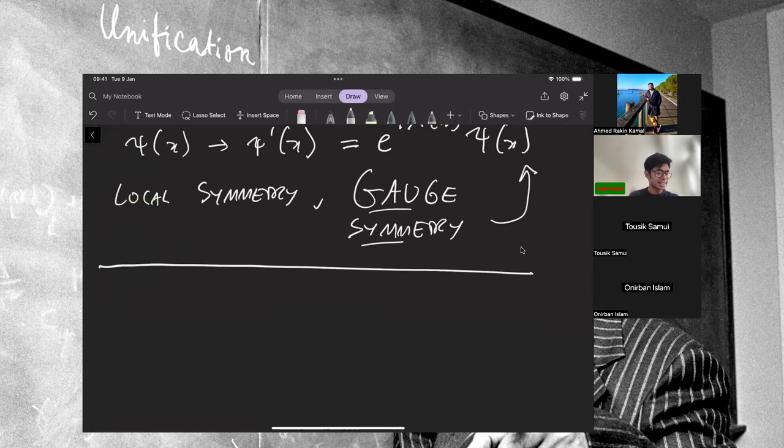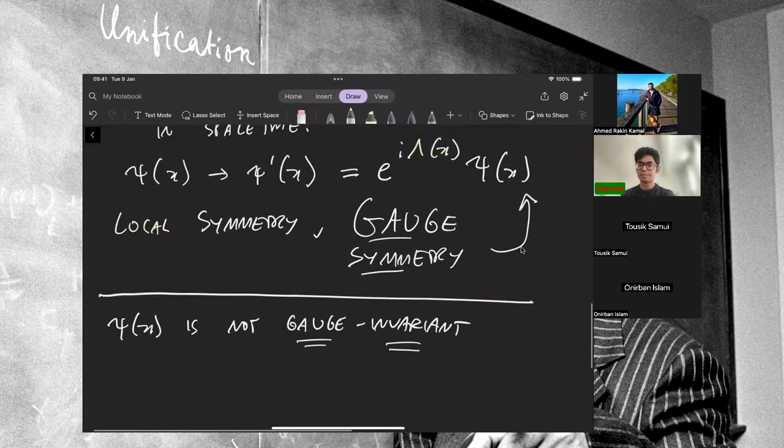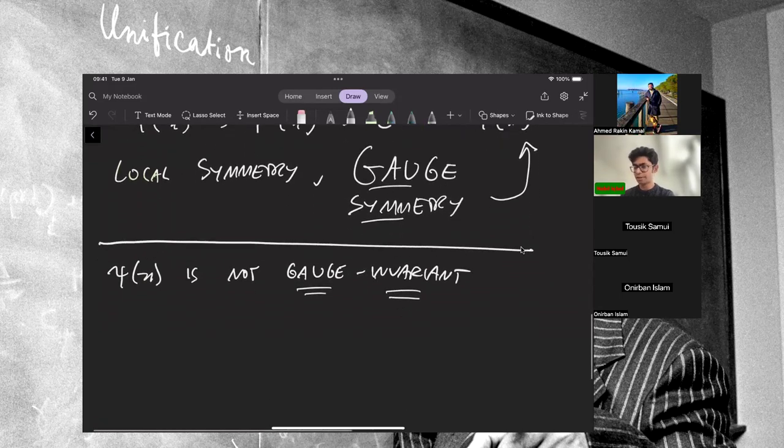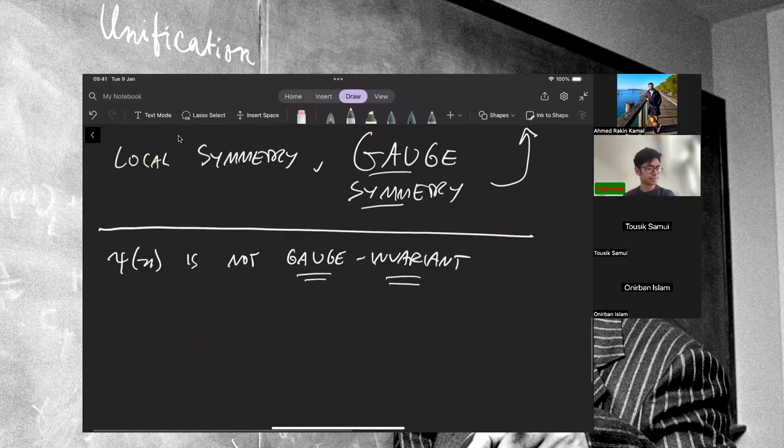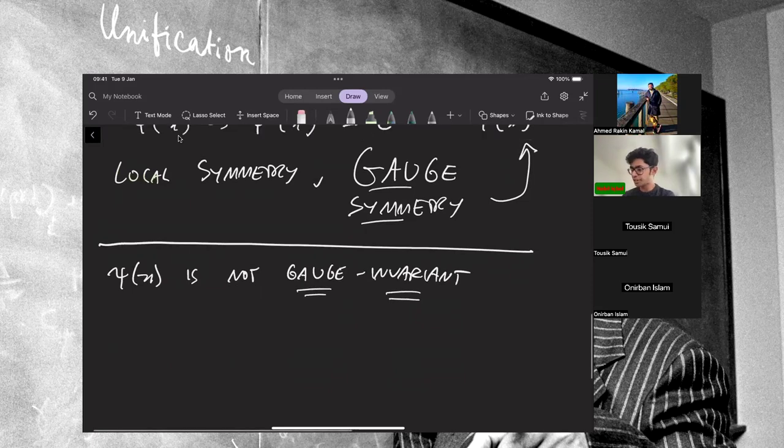Now let's understand what is and is not gauge invariant. So for example, psi of x is not gauge invariant. Gauge invariant means invariant under the symmetry, that it does not change under the symmetry. So psi of x is not gauge invariant, because it changes like this.